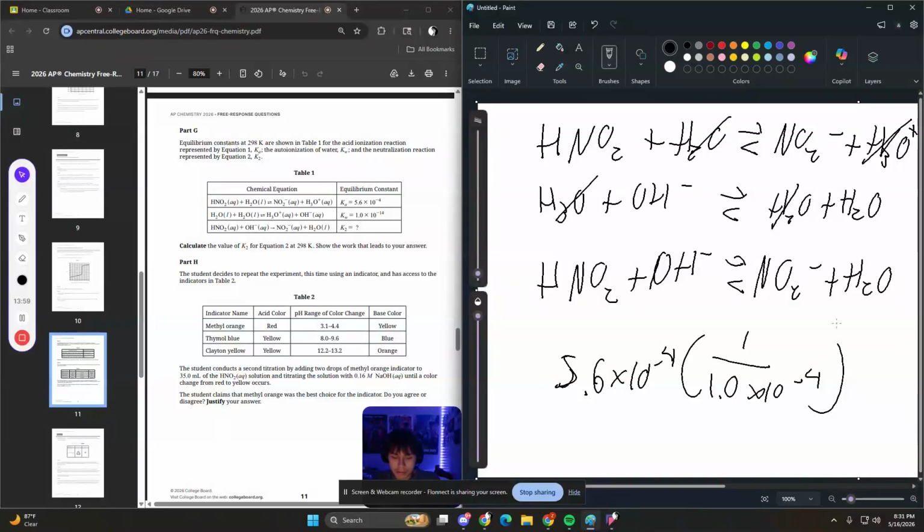Now if we do this, 5.6 times 10 to the negative fourth times 1 over 1.0 times 10 to the negative 14th, which would give us 5.6 times 10 to the 10th. Okay, so that is our K2 value.